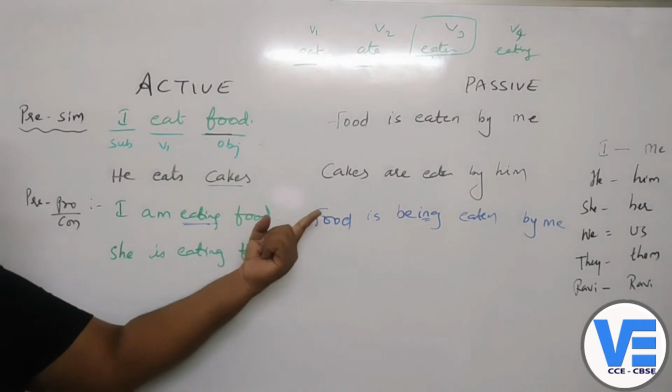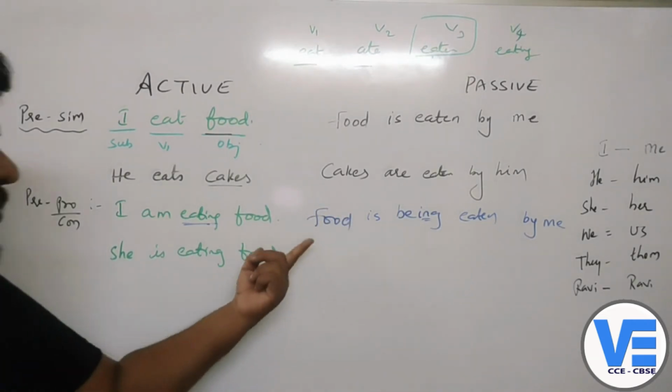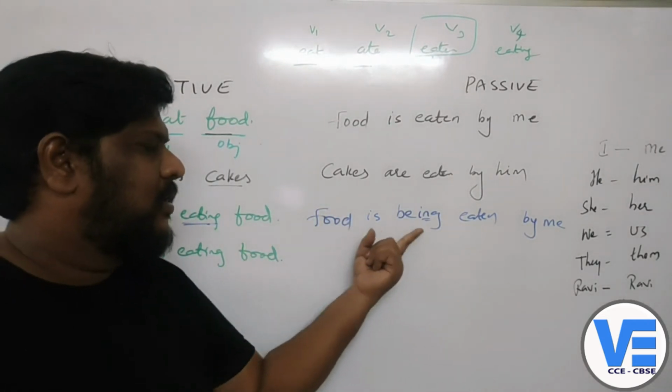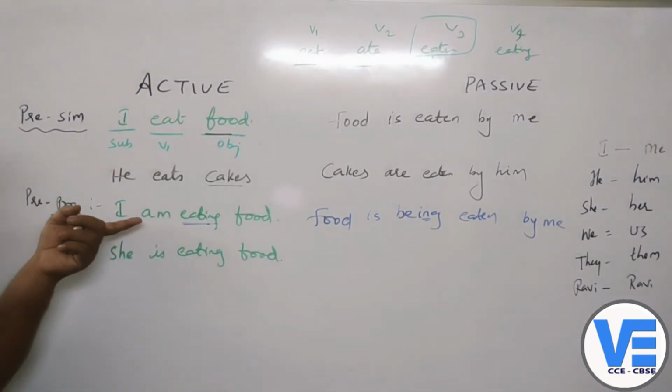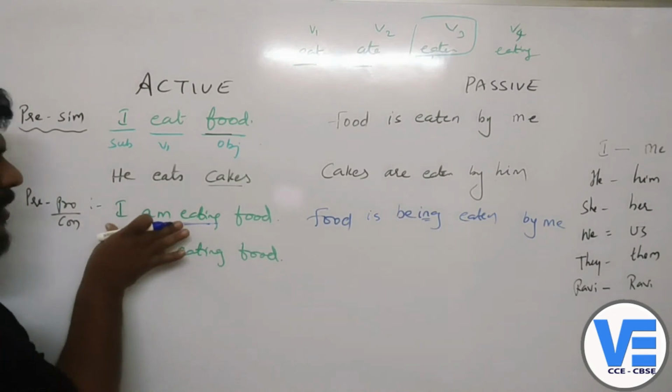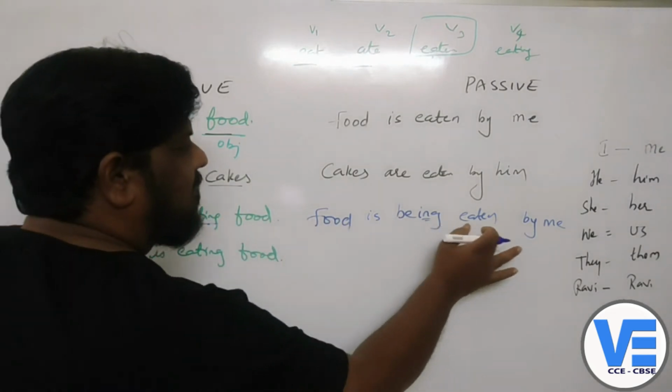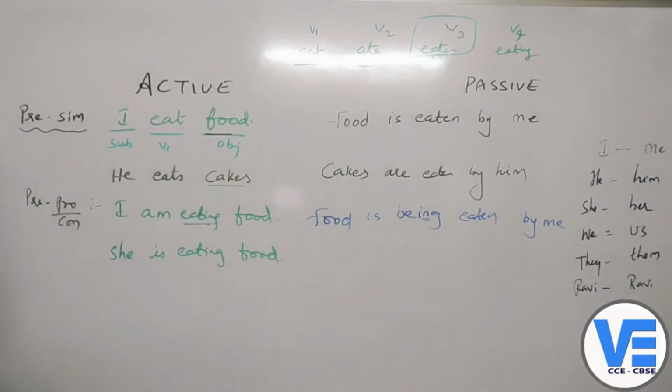So food is being eaten by me. This particular word will completely match the meaning of the sentence. I am eating food. Food is being eaten by me. There is no change in the meaning.